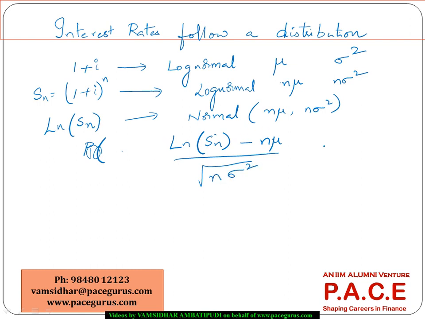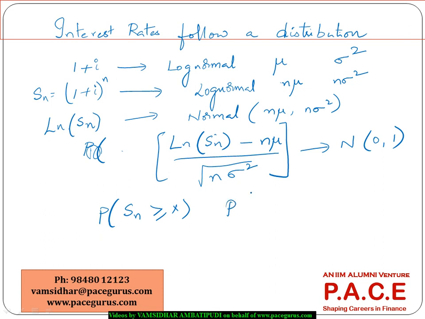This is following a normal distribution with 0 and 1, means this is actually a kind of a z value that needs to be found out for typically finding out probability of Sn greater than or equal to some x, or probability of Sn less than or equal to some x.